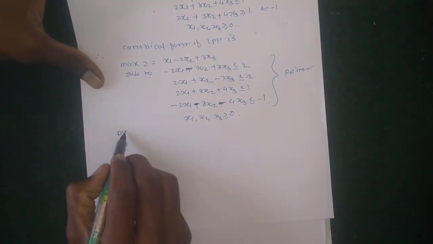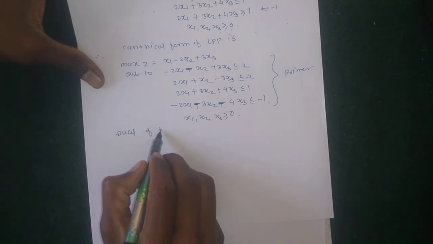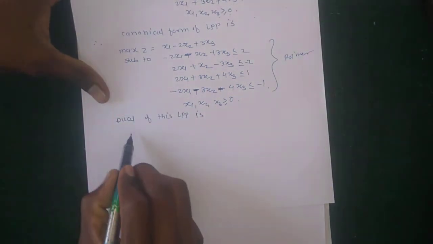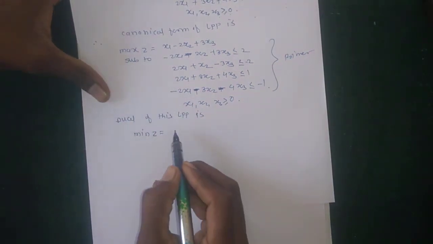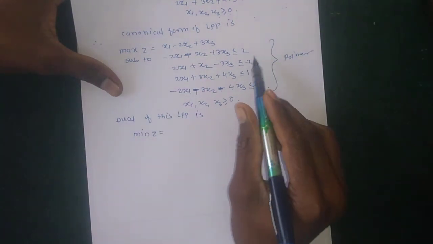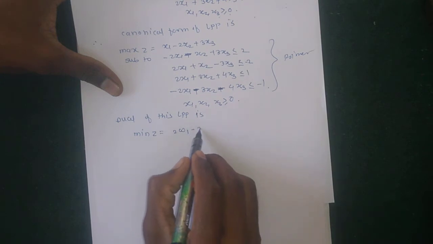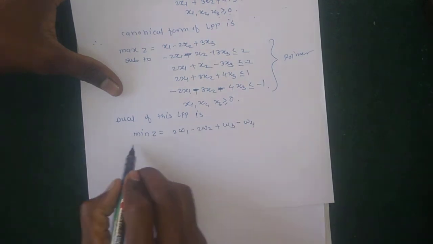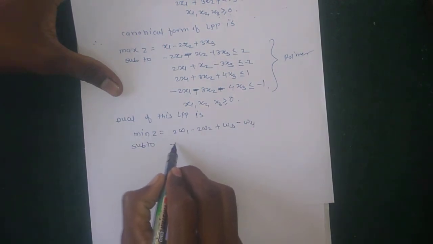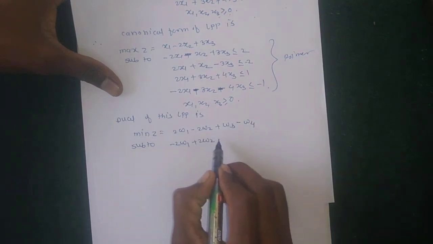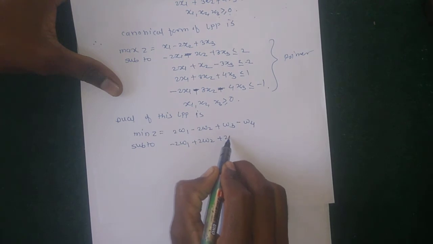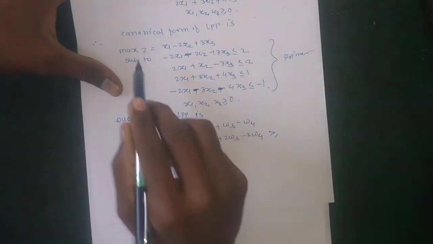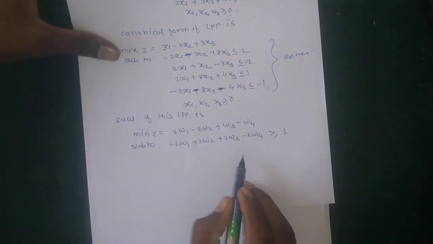So then the dual of this LPP: here the primal is maximized type, so the dual is minimized type. The RHS constants become the objective function: 2w1 minus 2w2 plus w3 minus w4, subject to minus 2w1 plus 2w2 plus 2w3 minus 2w4 greater than or equal to 1, the coefficient of x1 in the objective function, since all constraints are less than or equal.